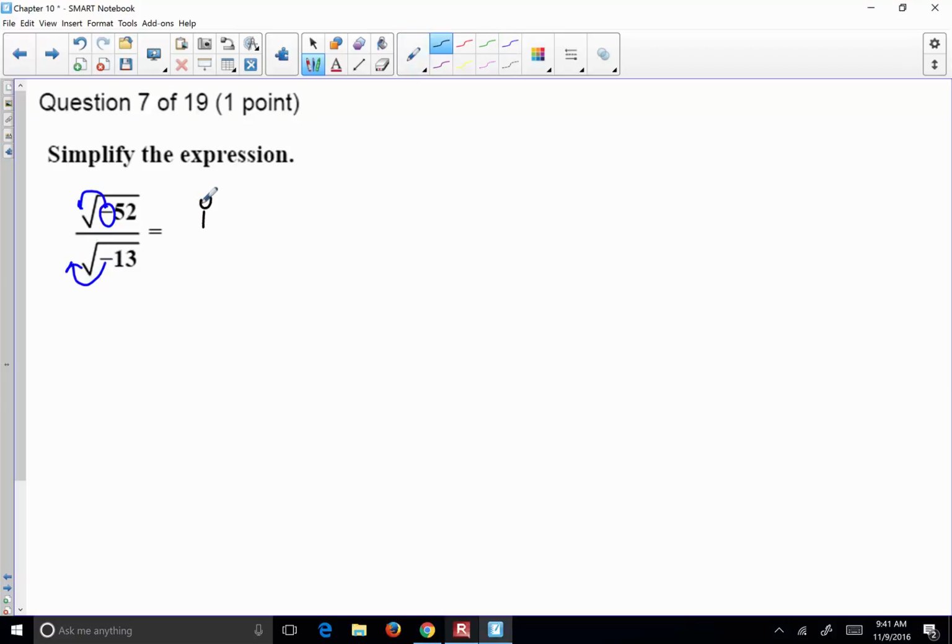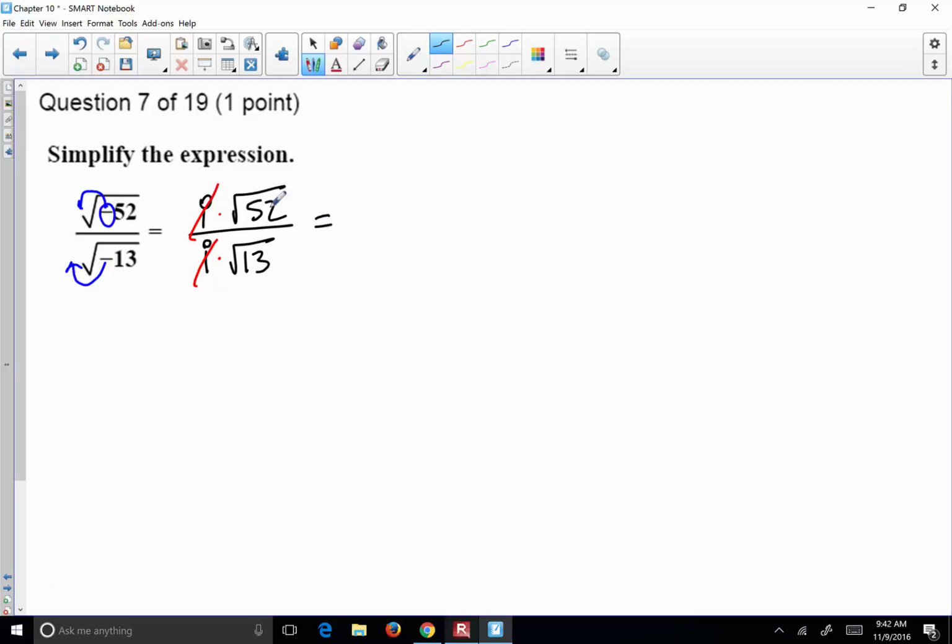We get i root 52, i root 13. Alright, here is something great that happened. You have one same letter or number on the top and bottom multiplying some stuff. If they match, you can cancel them. You can cancel i's. Okay?